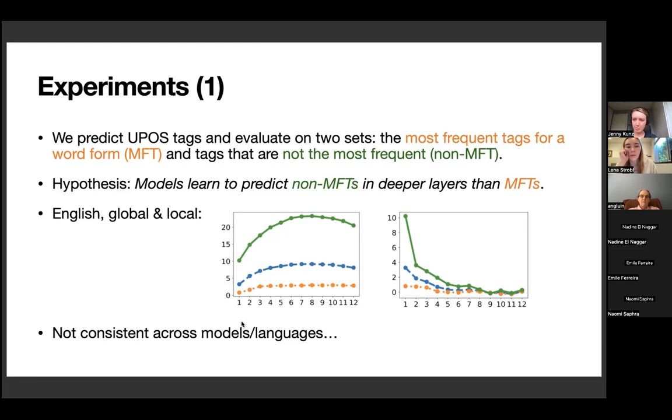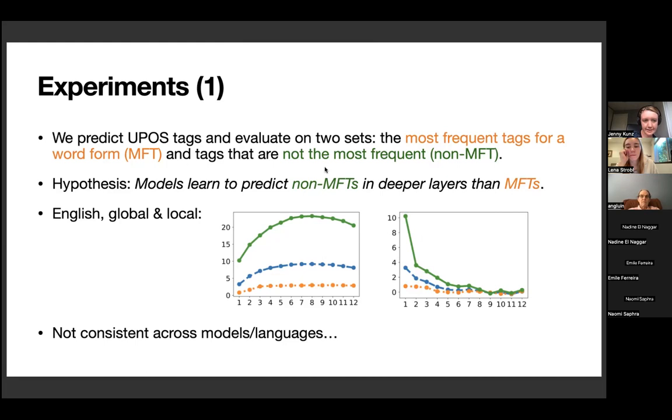This may come back to the selectivity criterion that Naomi asked for. The first can just be remembered by the classifier, and the second is where you need context.